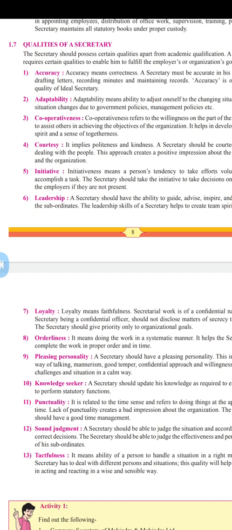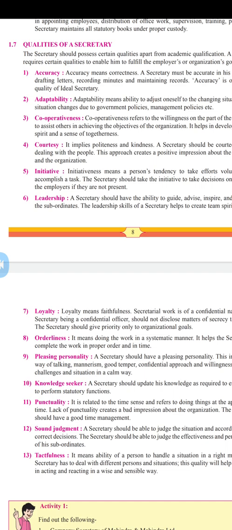That's why the secretary should have the quality to adjust himself according to the changing situation. The situation changes due to the change in government policies, then management policies. Secretary must be able to adjust with the changing situation, and also encourage others to adjust to the situation.